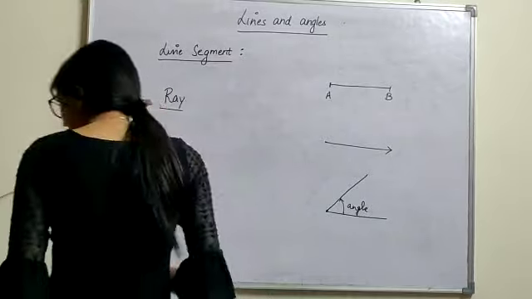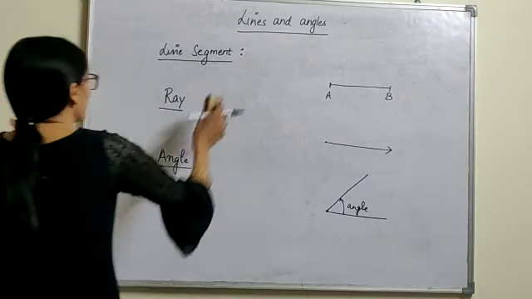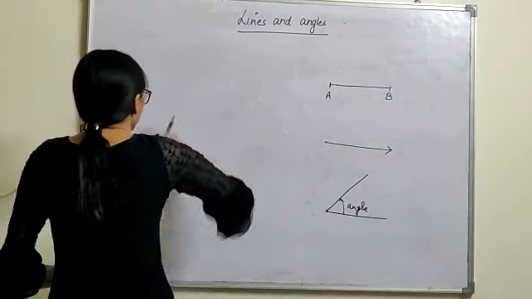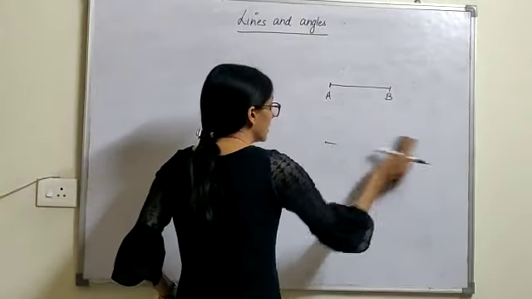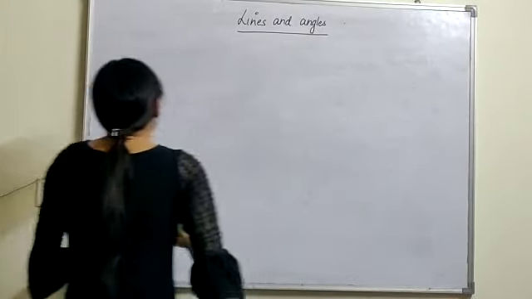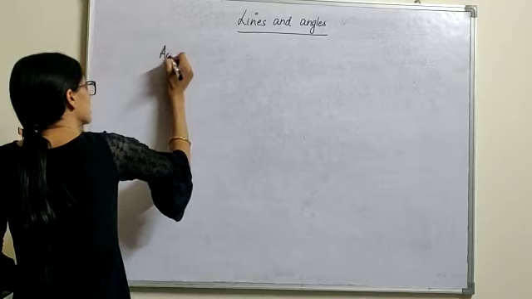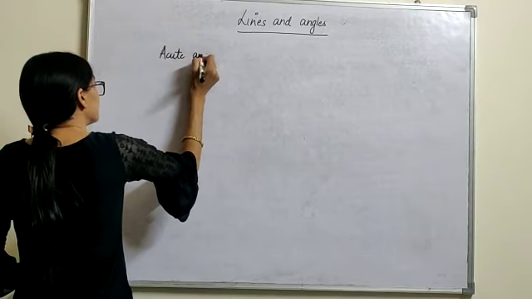Now, there are different types of angles which we need to understand. First of all is acute angle. What do we understand by the term acute angle?